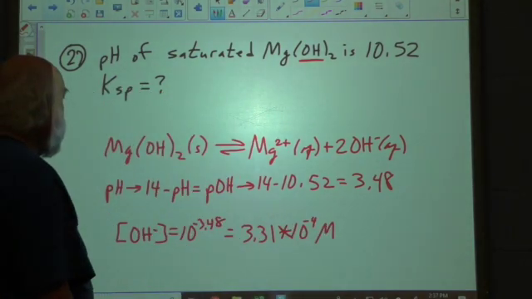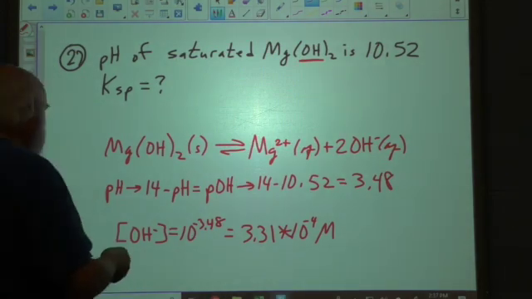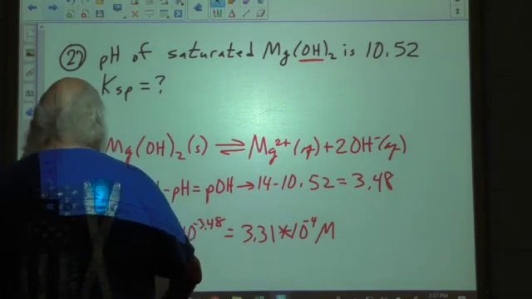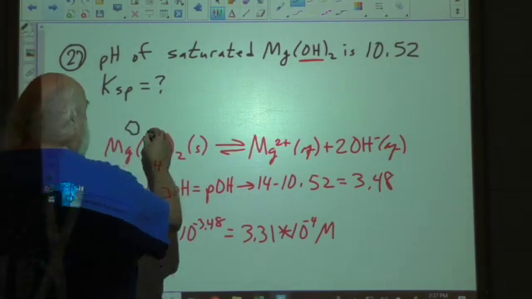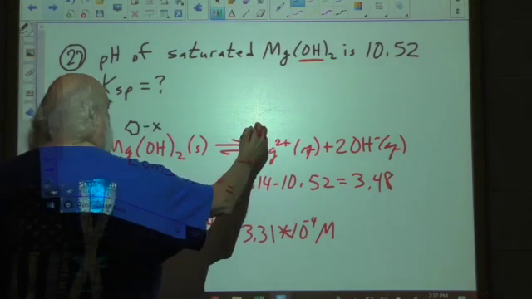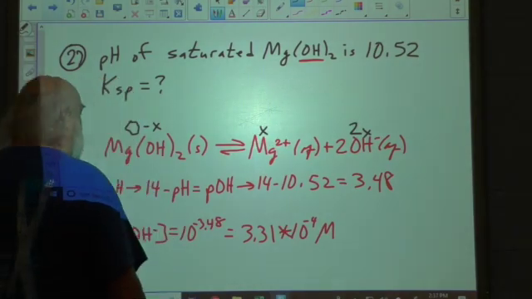Now, the Ksp expression then, again, we got a chunk of magnesium hydroxide, international symbol for chunk. Lose X here, gain X here, gain 2X here because of that 2 right there.